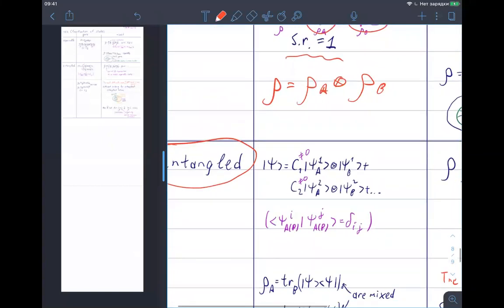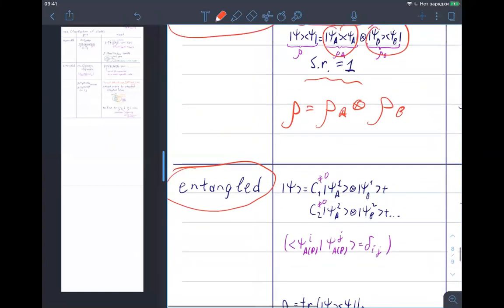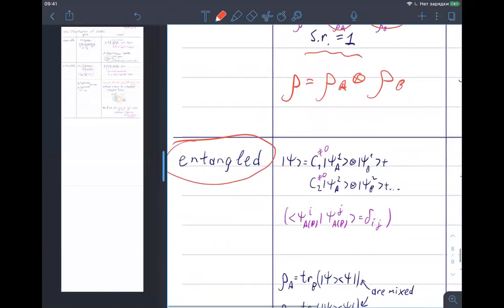The second story is about pure entangled states. This is a story where the whole system is pure. It can be represented as a vector, but the number of coefficients in the Schmidt decomposition is larger than 1. So we have at least two terms in this Schmidt decomposition.